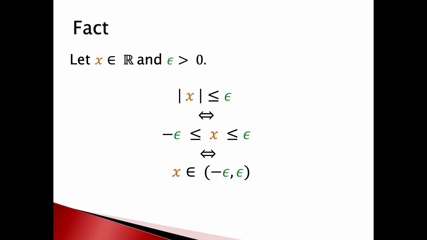Well, the absolute value of x is the distance from x to 0, right? So how big could x be? Well, it has to be within epsilon of 0. So that means, the second line there, it could be as big as epsilon or as small as minus epsilon, but it's got to be within epsilon of 0. It's got to lie in an interval from negative epsilon to plus epsilon.